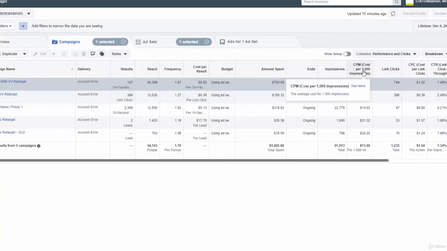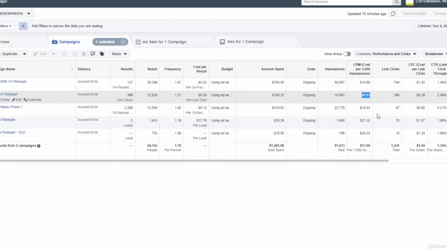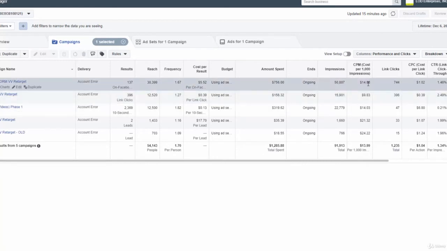And then the CPM here, this is cost per 1,000 impressions. So for 1,000 people to see the ad, that's about $14.88, okay?